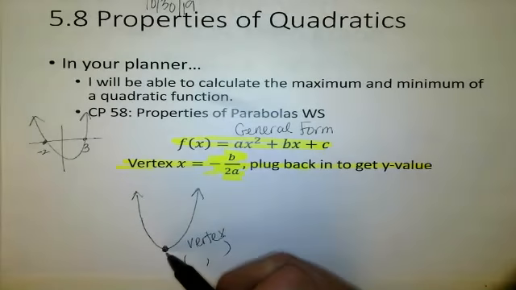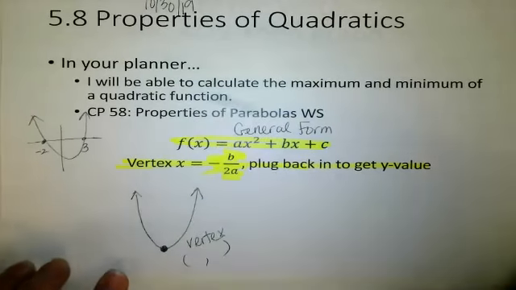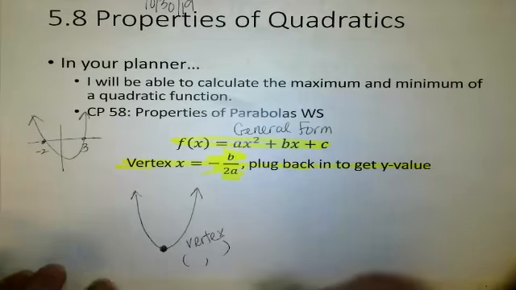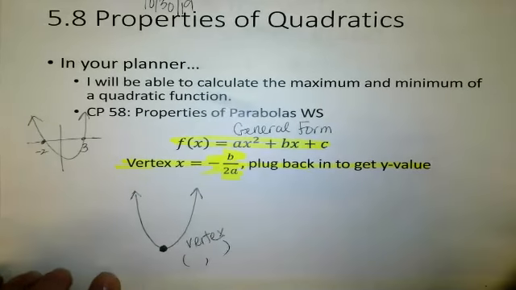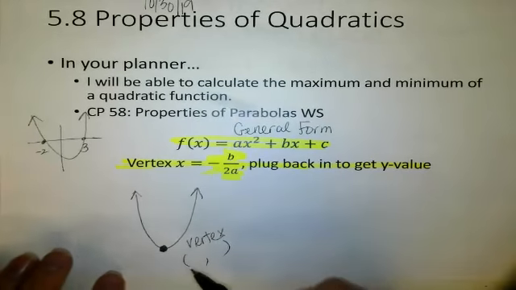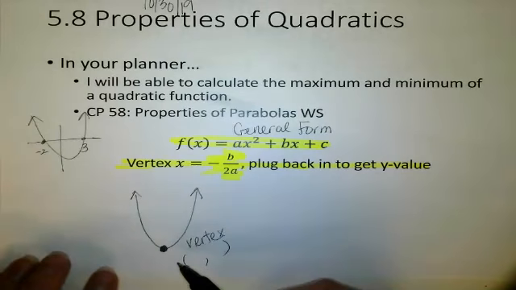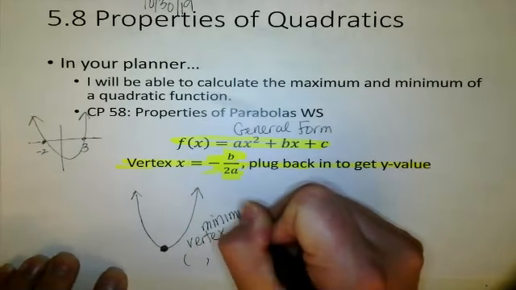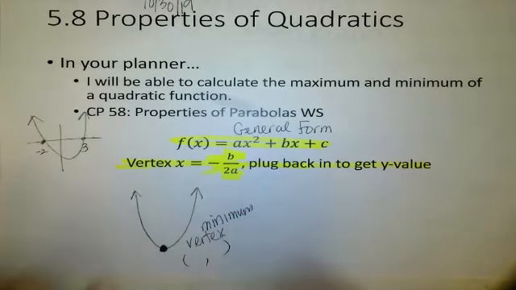In this case, would you call this point a minimum or a maximum? Would you call it the highest point or the lowest point? Lowest point. Therefore, it's a minimum because it is the lowest point on the graph in this case, all right? And that's kind of useful information.